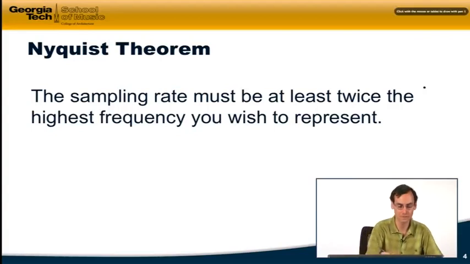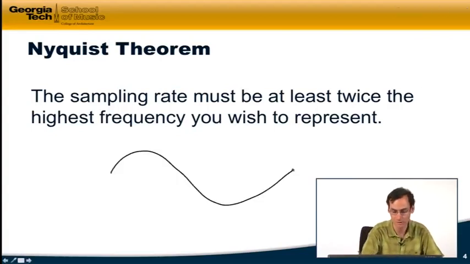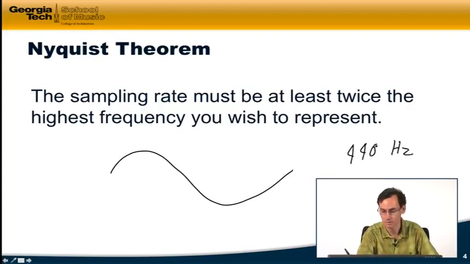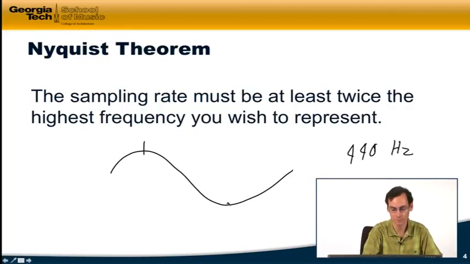The reason for that is, let's think about our sine wave again here. If I have a sine wave going at, say, 440 hertz, then I have 440 peaks and 440 troughs happening every second.